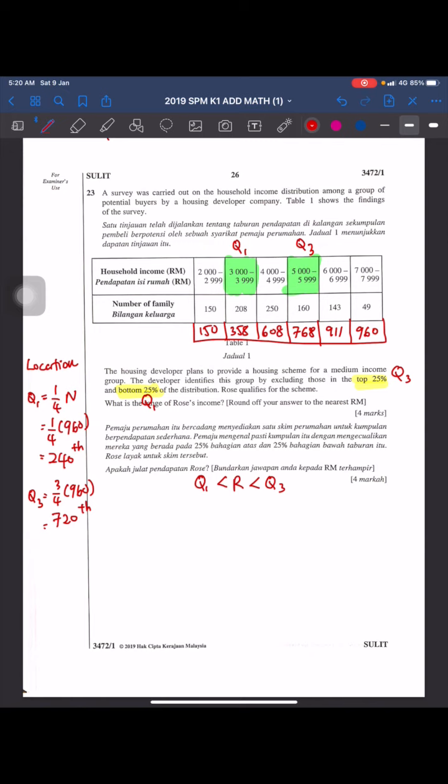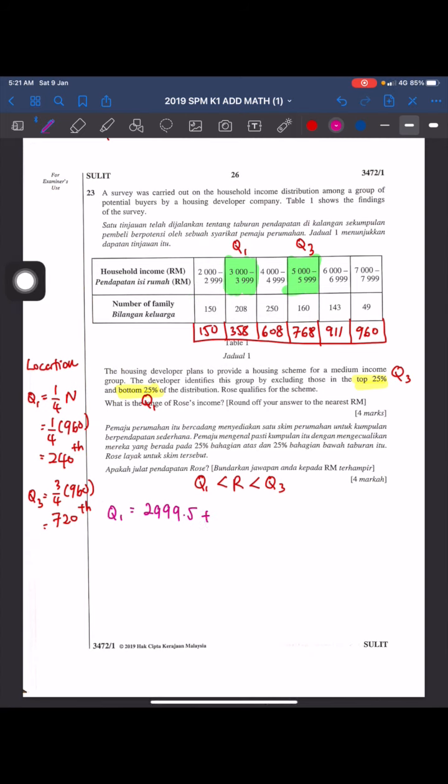Okay, so kita cari dulu first quartile, Q1. Kita gunakan rumus seperti kita mencari median lah. Kita kena cari lower boundaries of the first quartile class. So kita ada 2999.5. Macam mana saya dapat 2999.5? Basically saya just ambil 3000 plus 2999, divide by 2, that's it.